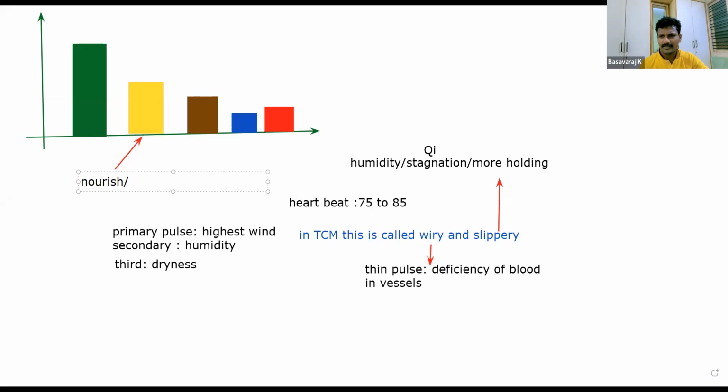You understood the idea? What is humidity responsible for? It is responsible for holding nourishment, producing the food chi for the body, and producing the blood.